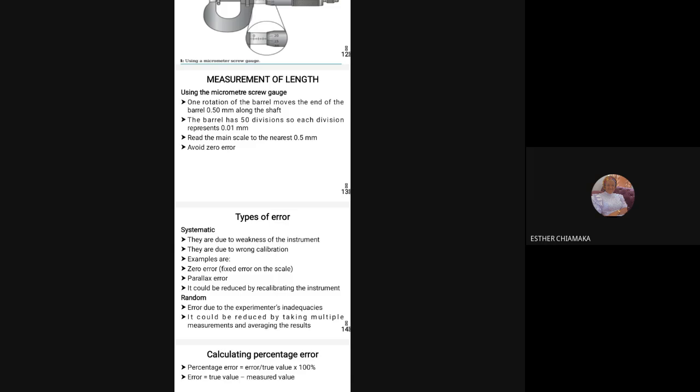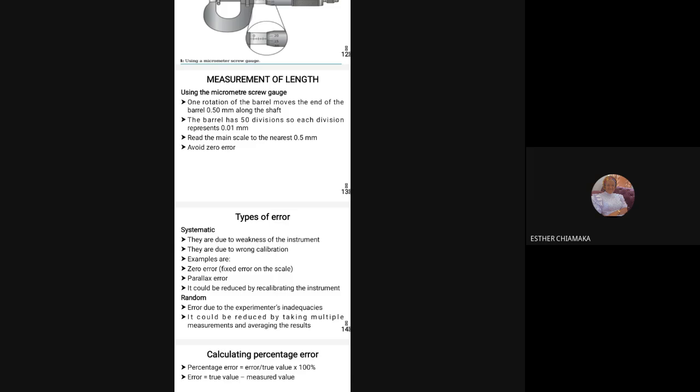What's the difference between 9:05 and 9 o'clock? 5. That difference is consistent. The difference between the true value and the measured value, is it the same? Yes, sir. So that's what we call systematic error.